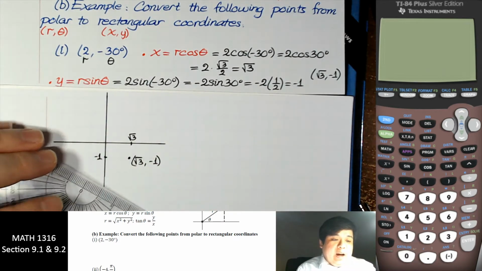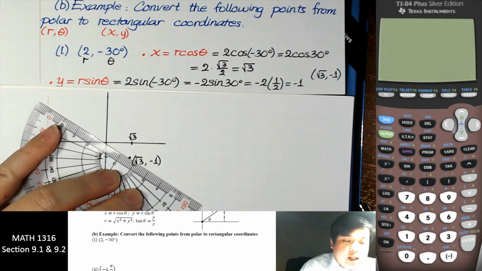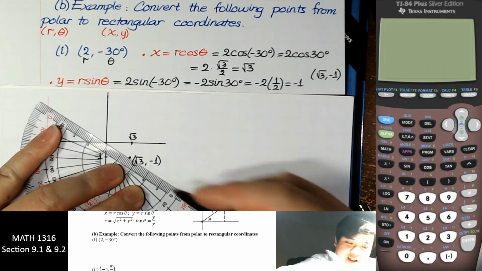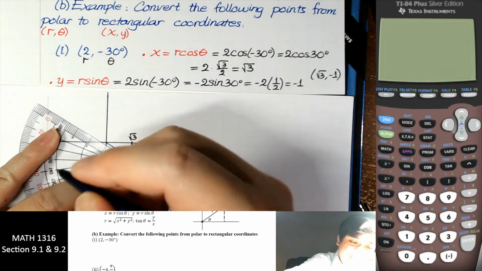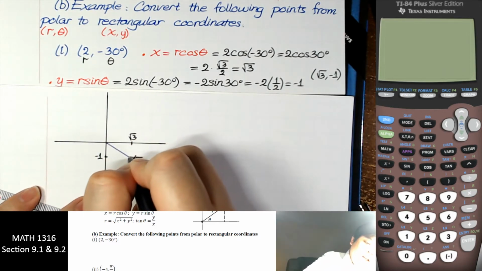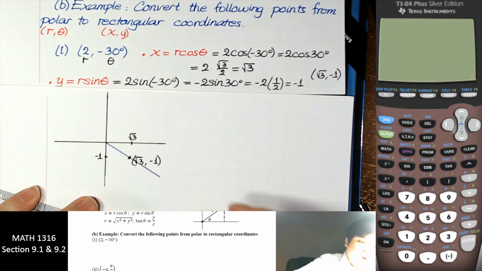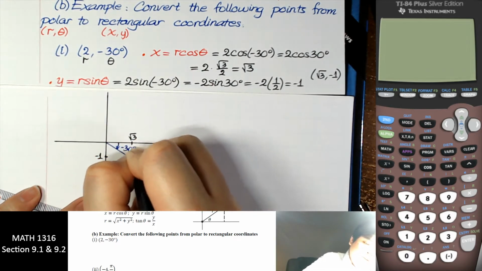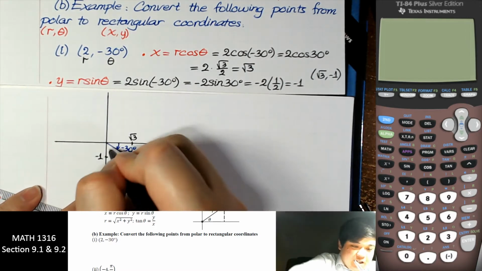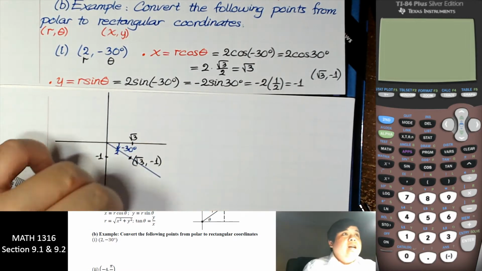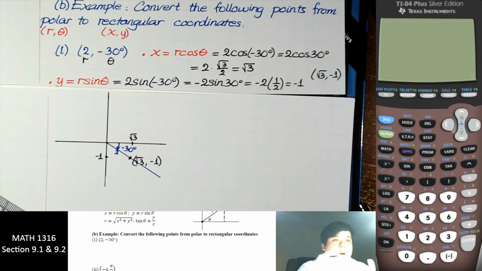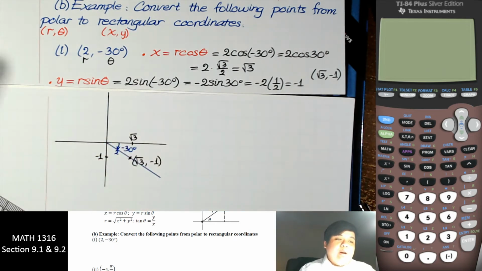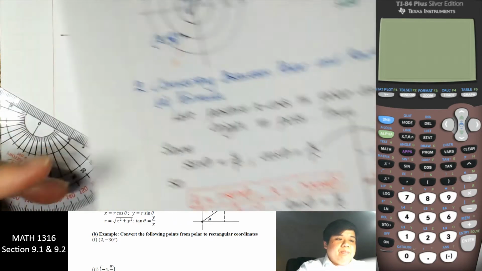And also we have the point equal to 2 and negative 30. So the radius is 2, and the angle negative 30 degrees. So that checks. Either we have the x and y coordinates, or we have the r and the theta. Both of them give us the same point.